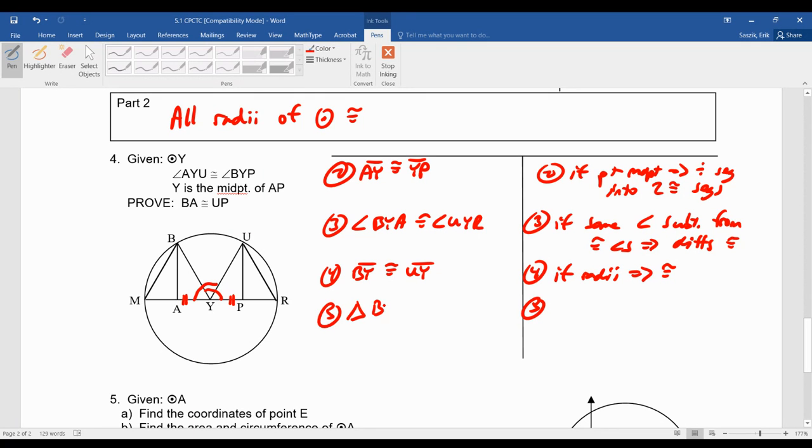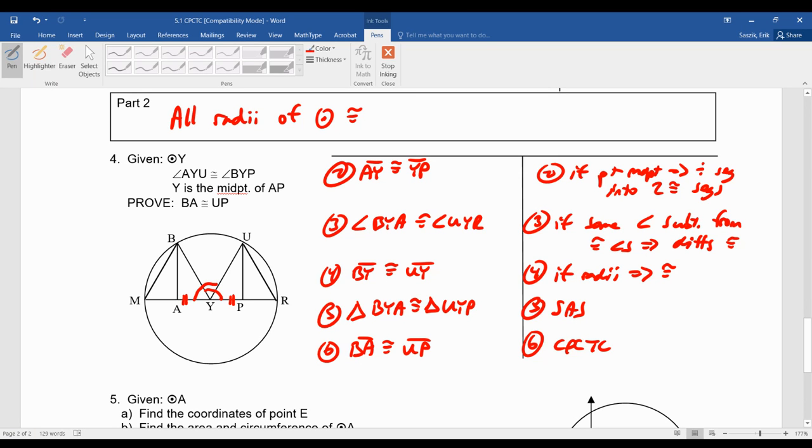Now I get triangle BYA congruent to triangle UYP, and this is going to be by SAS. And in step 6, I can say BA is congruent to UP, and that's by CPCTC.